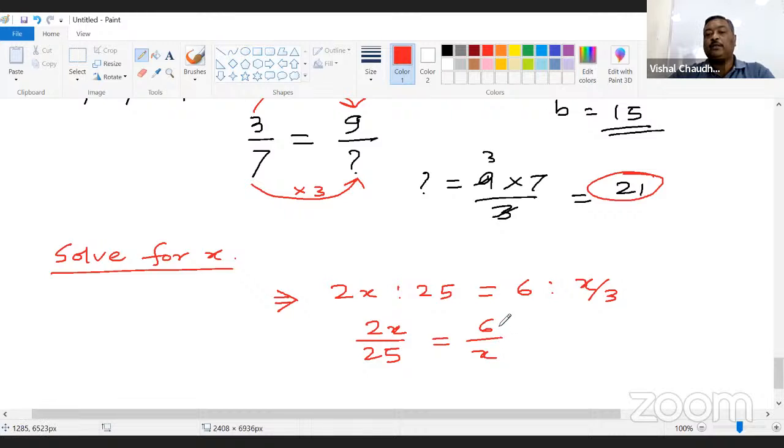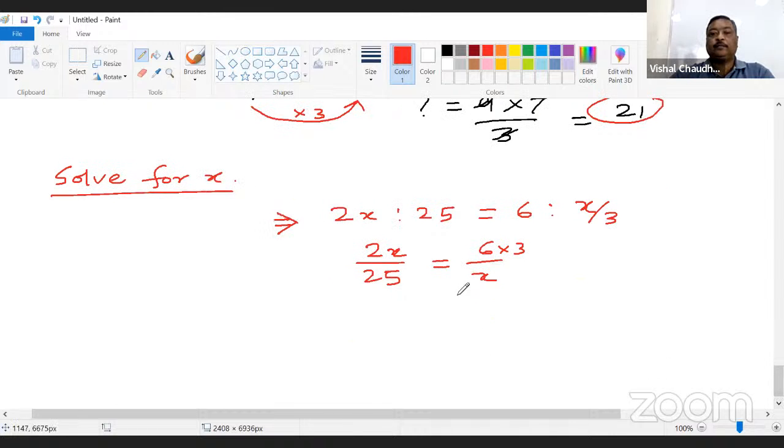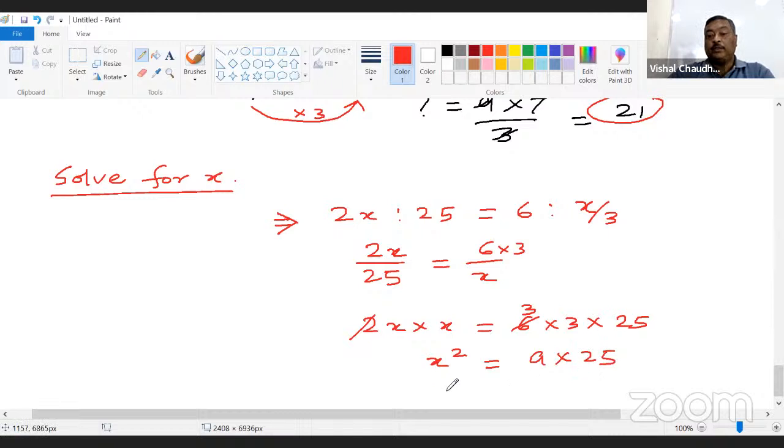So with x by 3, the 3 will come over here, cross multiply. What we get here is 2x into x, which is equal to 6 into 3 into 25. Let's cancel it out. What we have here is x square equal to 9 into 25. So when we take the square root on both sides, we will have 3 and we will have 5. Thank you for your answer, Sandhya.